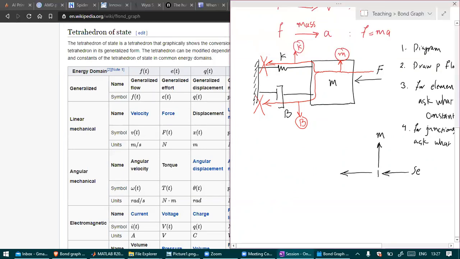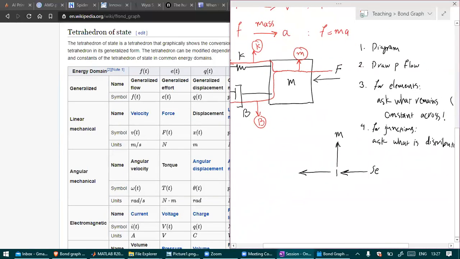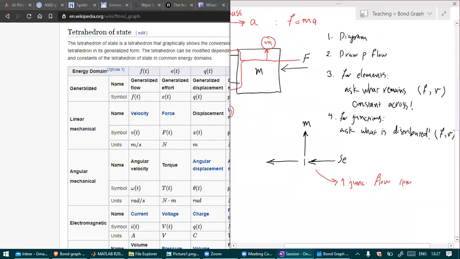Okay, so it basically says, we can say one junction, velocity, or let me write, flow remains constant.